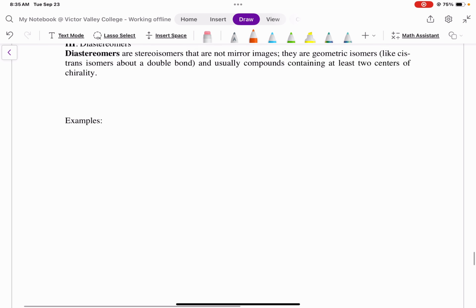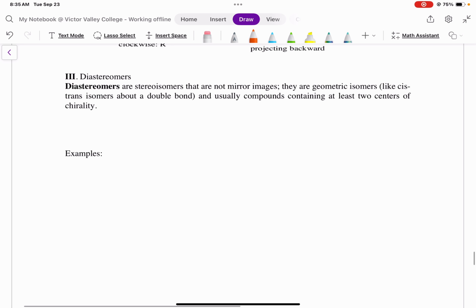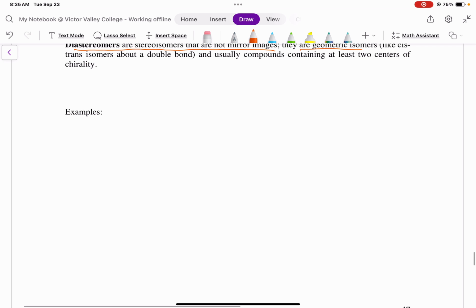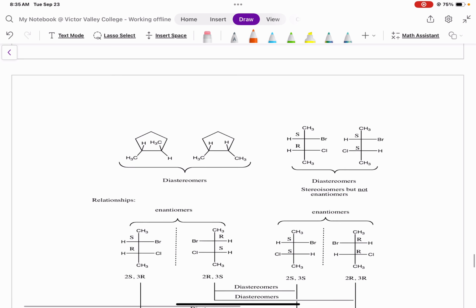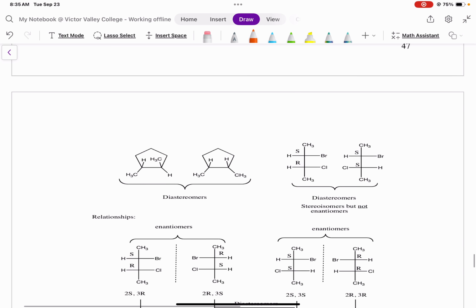Okay, diastereomers. Diastereomers are stereoisomers that are not mirror images of each other. They are geometric isomers, you see. Now, this one is trans, which is geometric, and this is cis.